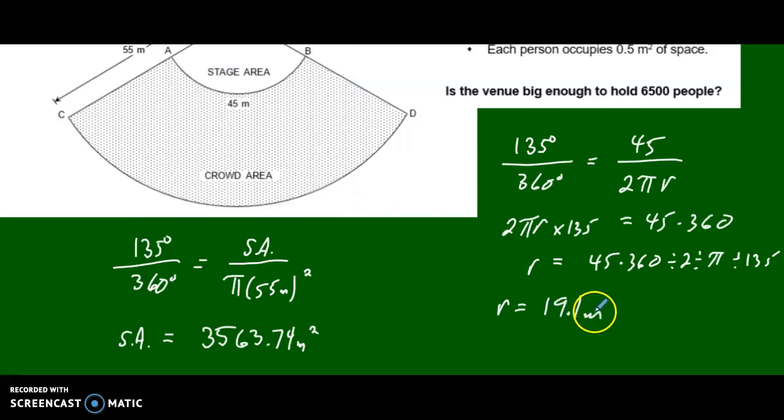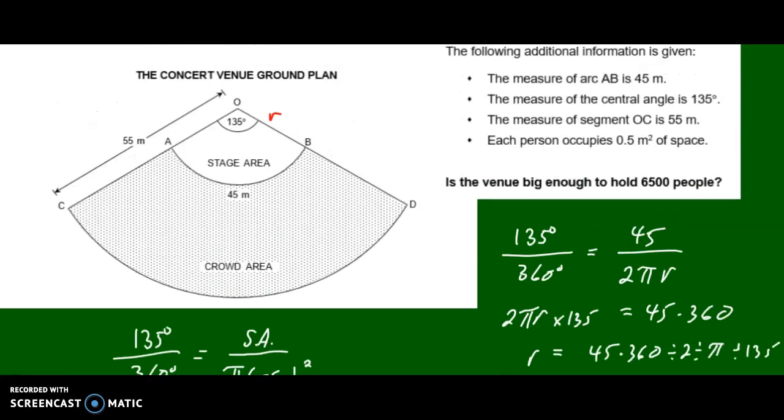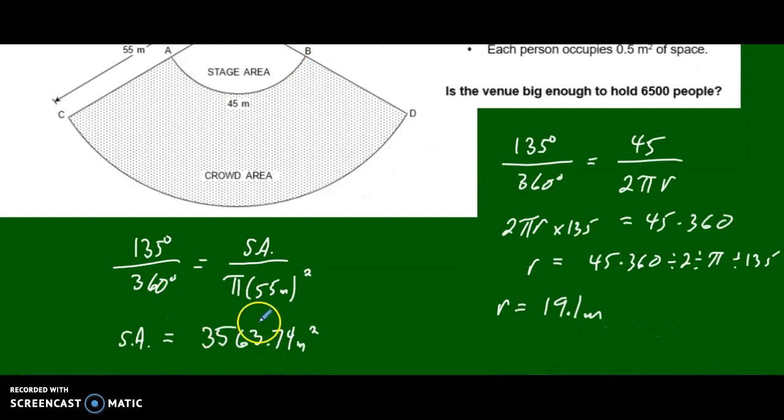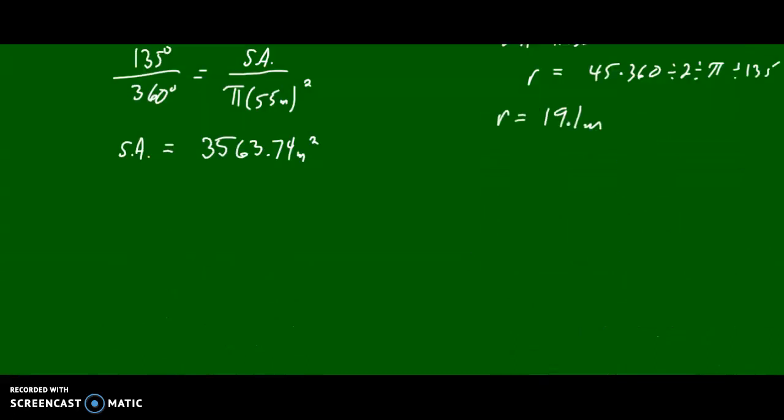It's meters, not an area. Now that I have the radius, 19.1 meters, I have to find the sector area to subtract from the total.